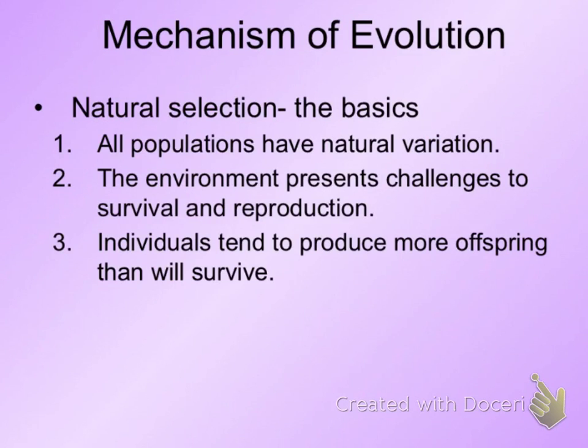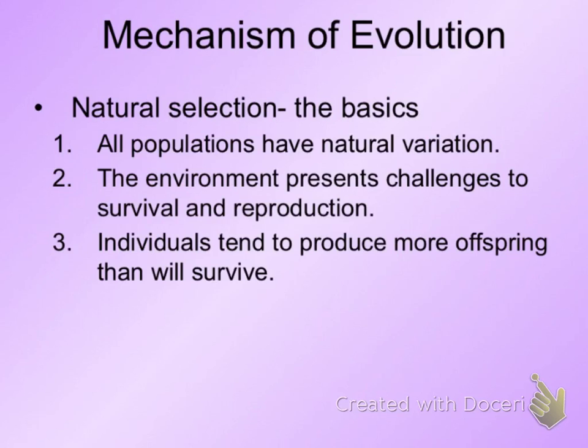Individuals tend to produce more offspring than will survive. So how would we sum that up in 3 words? How many of you have seen a dandelion gone to seed? Can you envision that little dandelion? What do each one of those little parachute things represent?